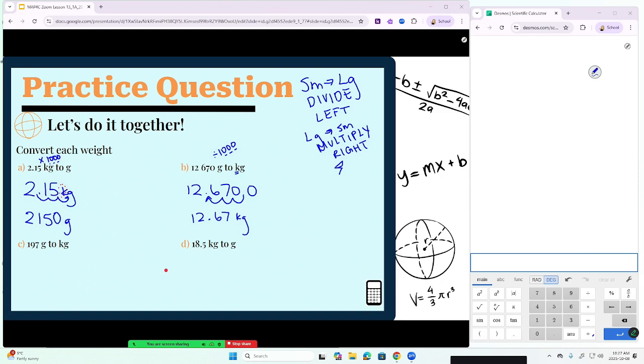I'm using this cheat sheet here of small to large, divide, go to the left, large to small, multiply, go to the right. I'm going to use that system because I'm working within the metric system. If you're reading kilograms to grams, those are both metric, so I can use my decimal system of moving. If one is metric and one is imperial, then I need to set up my ratios.